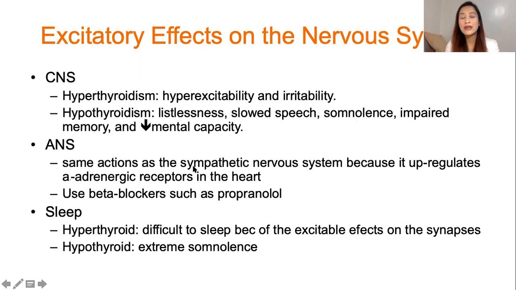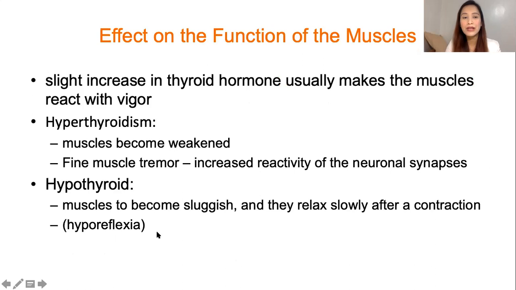So that's why we can use beta blockers such as propranolol in order to control the effects of the thyroid hormones on the autonomic nervous system, particularly your sympathetic nervous system. So you can use beta blockers to slow down the heart. With sleep, just like in your CNS, there is difficulty sleeping in hyperthyroidism and extreme somnolence in hypothyroidism.